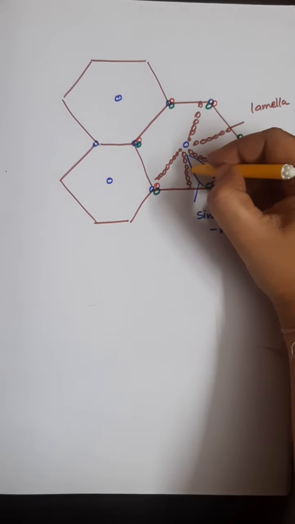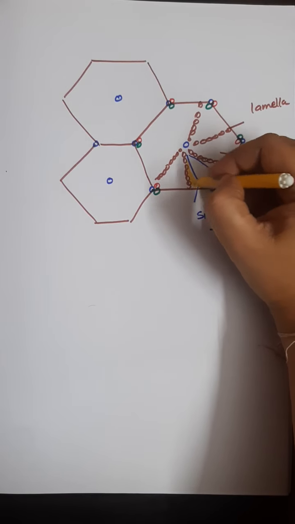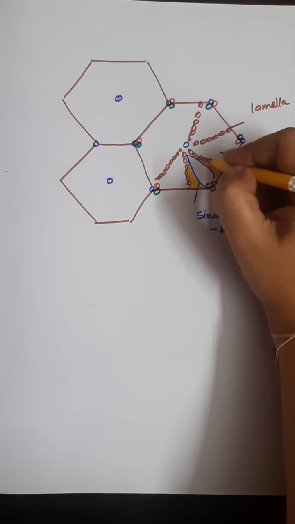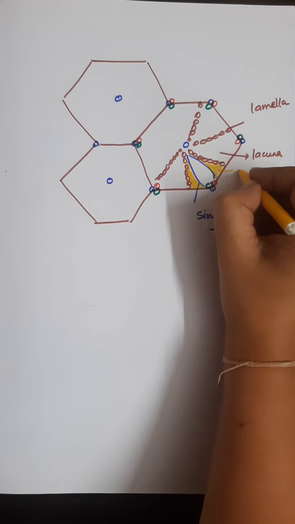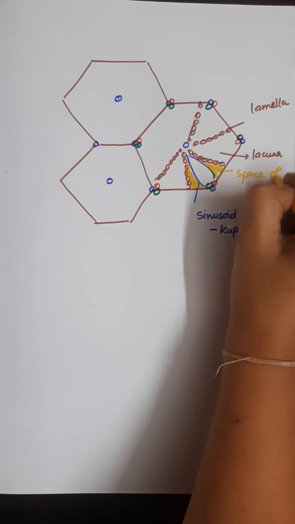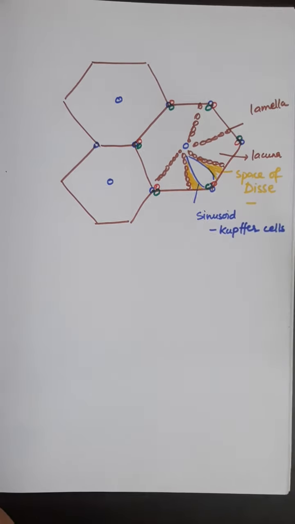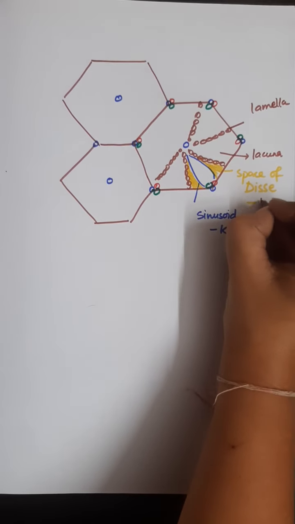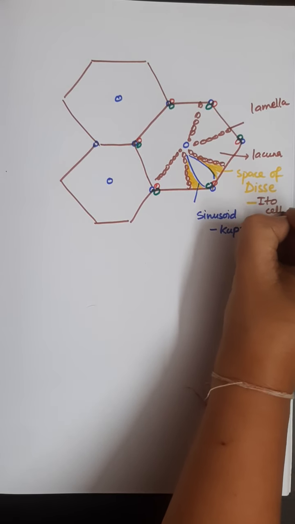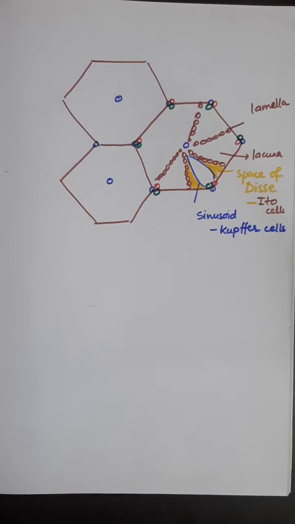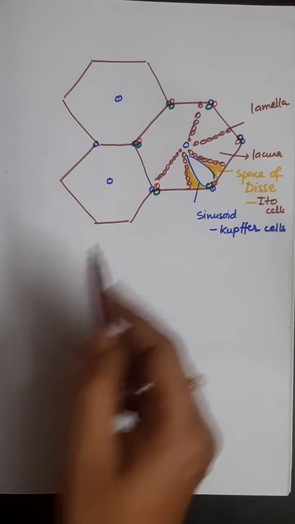Outside the sinusoids, the space between the sinusoids and the lamella, this yellow space, is called space of Disse. This space of Disse has another important cells called Ito cells, which help in regeneration of the liver once the tissue is damaged.